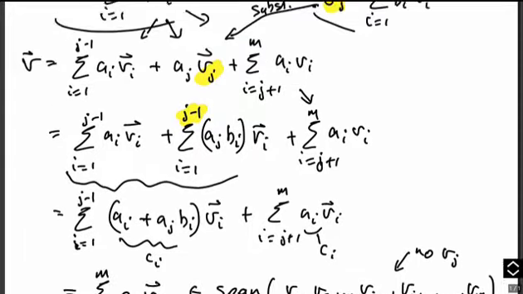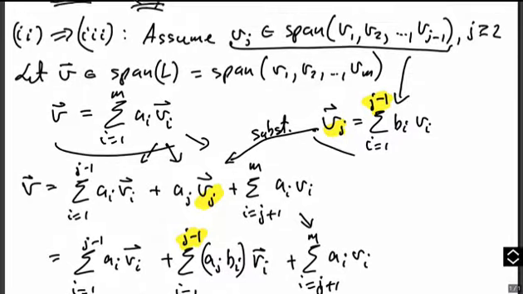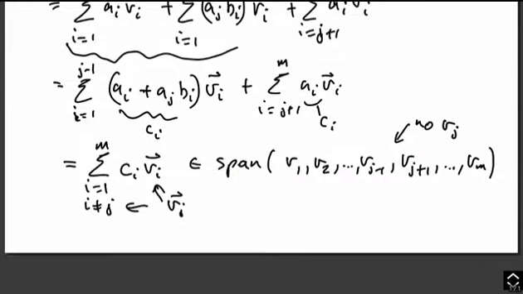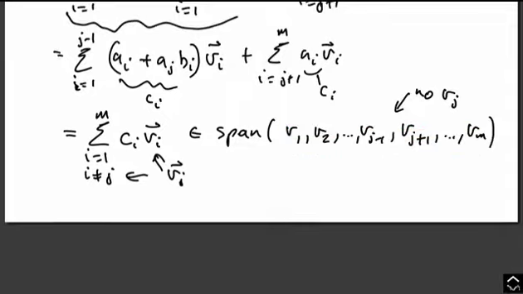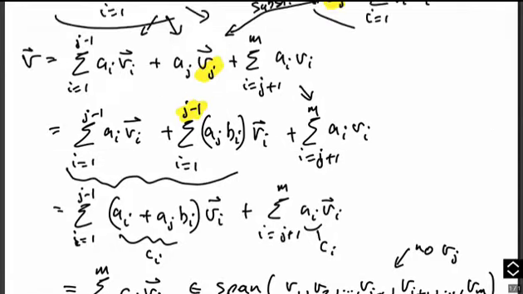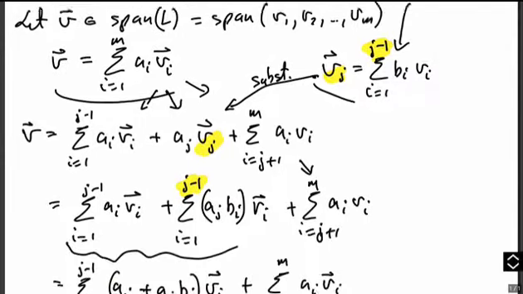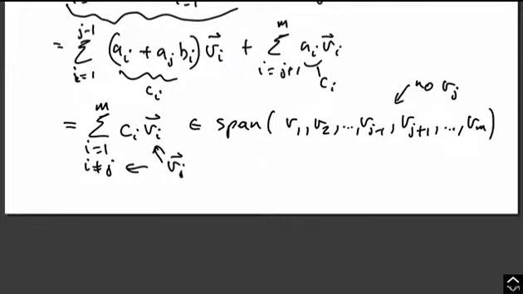What we have shown here is if a vector is in the span from 1 to m, then it's also in the span from 1 to m without vj. When you show that something in one set is also in another set, v was arbitrary, so that means that this is true for all v from the span of v1, v2, vm.